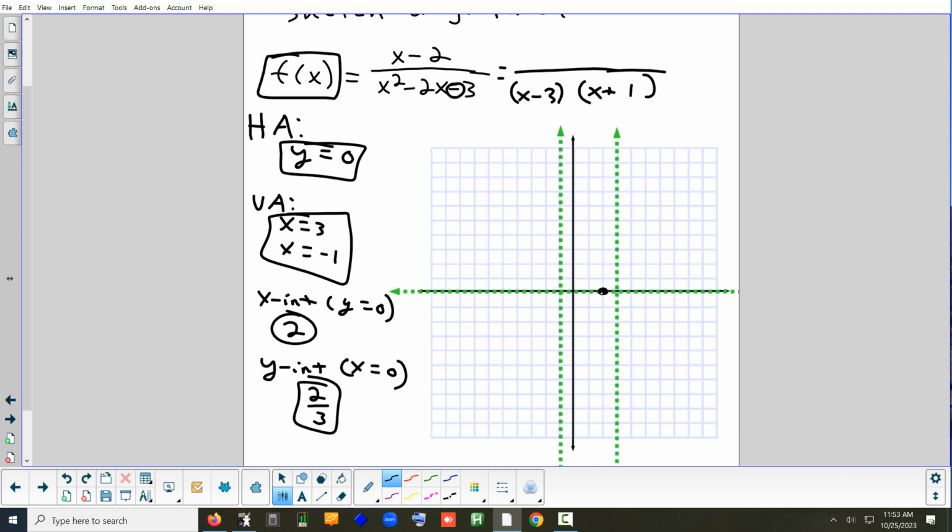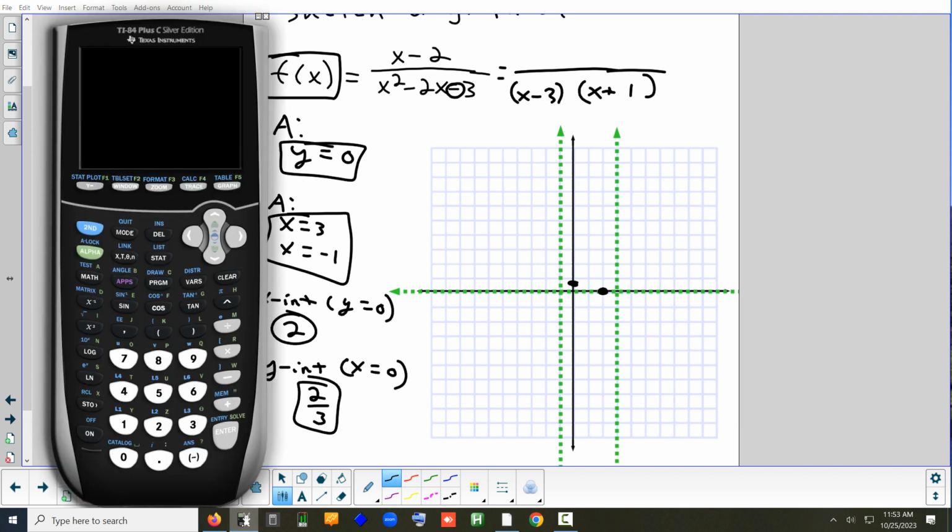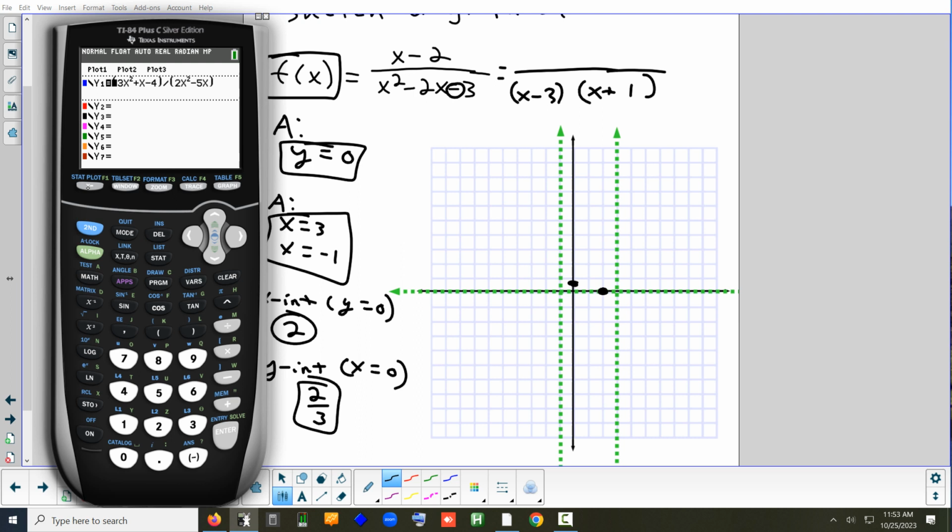Y-intercept at 2/3. It's going to look like all the ones we've done so far. All right, so I'll type it in. Again, always make sure you use parentheses when you put it in. (x minus 2) divided by (x squared minus 2x minus 3).